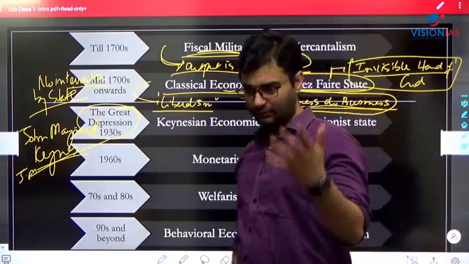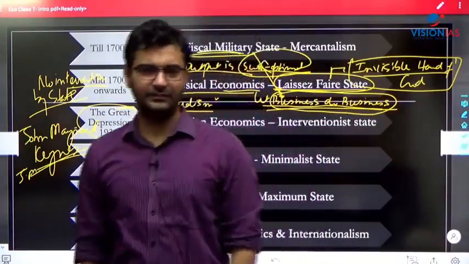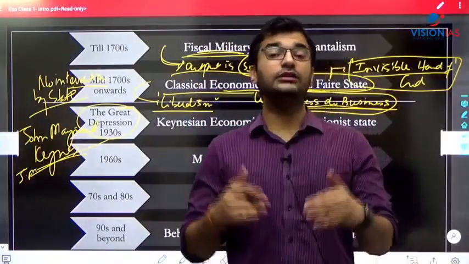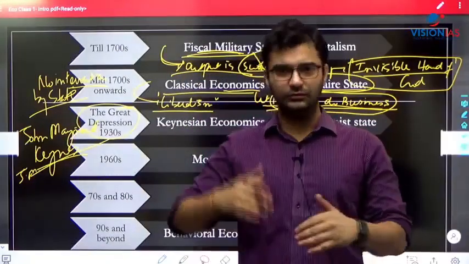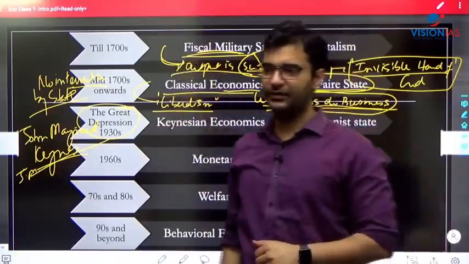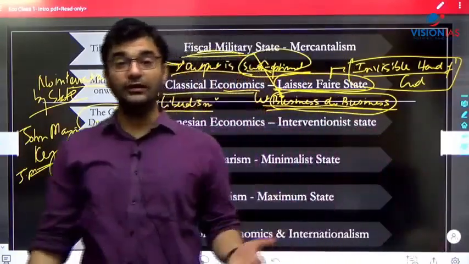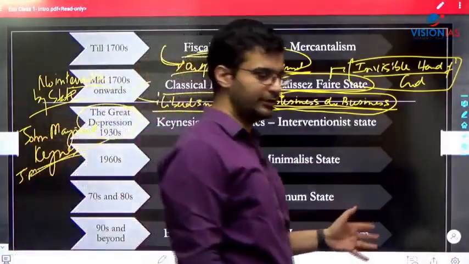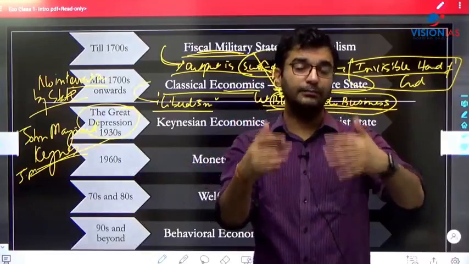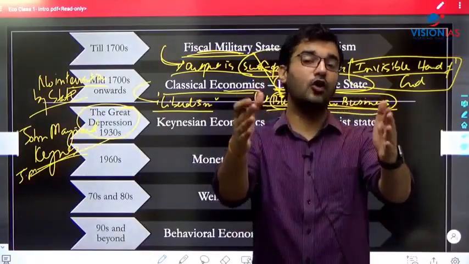To quote, Manmohan Singh used this quote in Parliament once. We cannot wait for the long run, meaning we cannot wait for infinite time, because in the long run we are all dead. This is what John Maynard Keynes said.